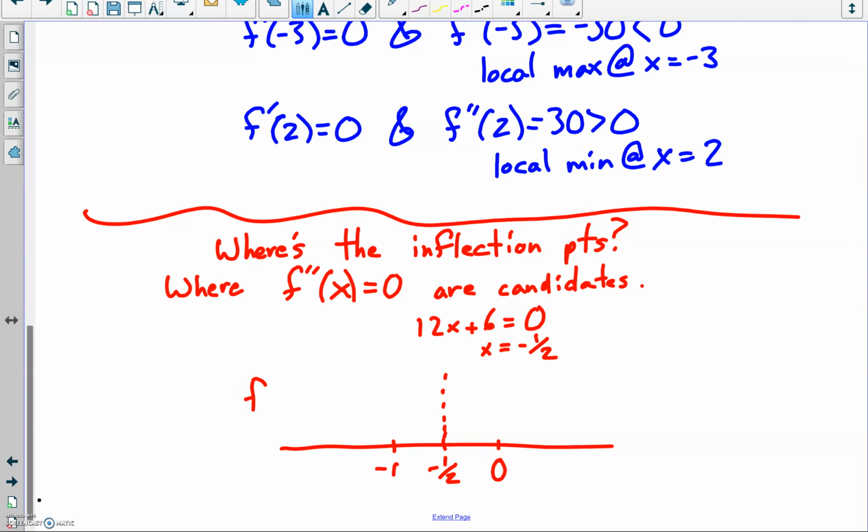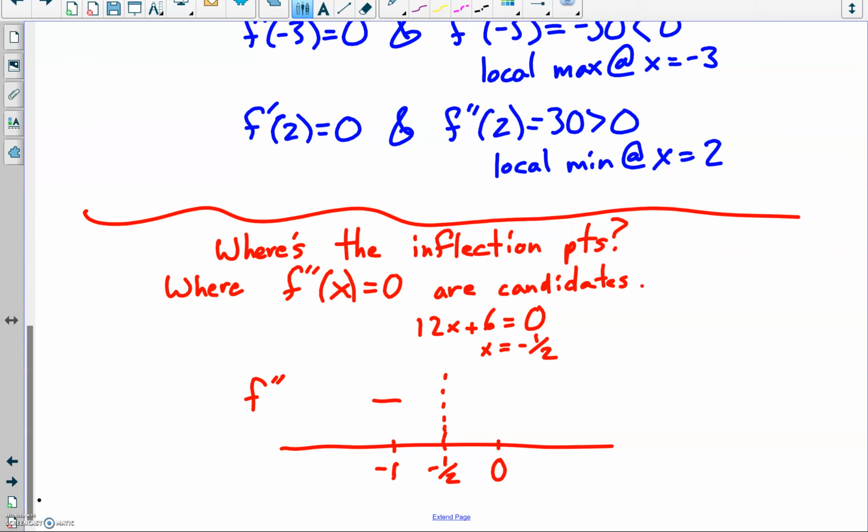And we're looking at f double prime now, where f double prime changes sign. Is it going to go from positive to negative, concave up to concave down, or vice versa, concave down to concave up? So plugging -1 into the second derivative, 12 times -1 is -12, plus 6, still going to be negative here on the left side of -1/2.